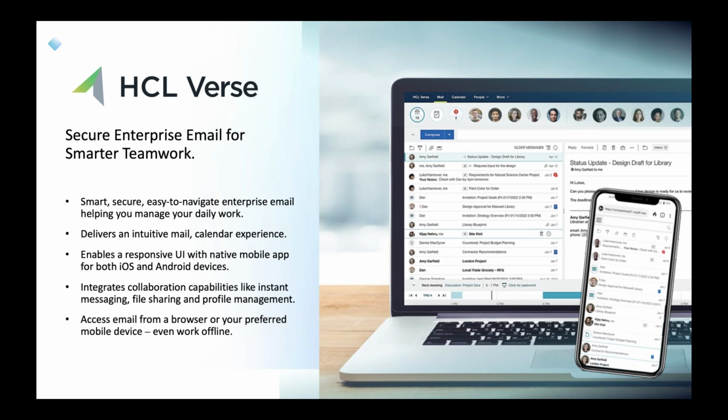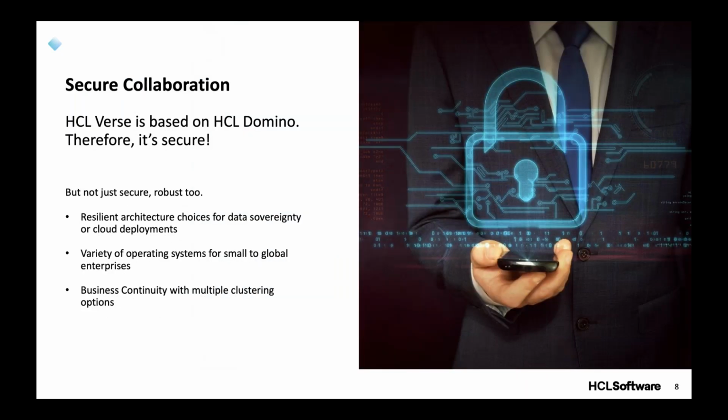And what's more, HCL Verse runs on HCL Domino. As you all know, Domino has a very robust security with multiple built-in layers of protection. HCL Verse also offers flexibility when it comes to deployment options. It can provide you with both on-prem or cloud options for your deployment.